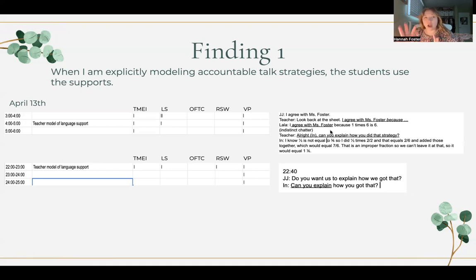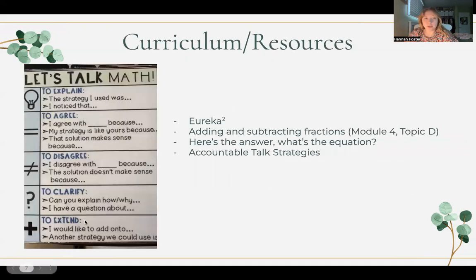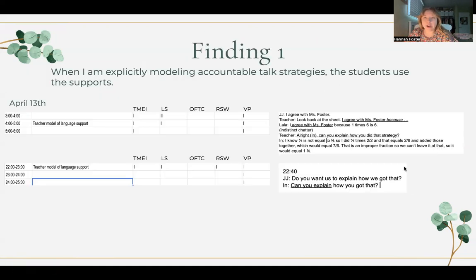And then I work to encourage more students to use those strategies through my explanation. So then here I'll write, can you explain how you did that strategy? So that goes back to this, can you explain, can you clarify? I would like to add on. And then In talks about, I know 1/3, he goes into his whole explanation.